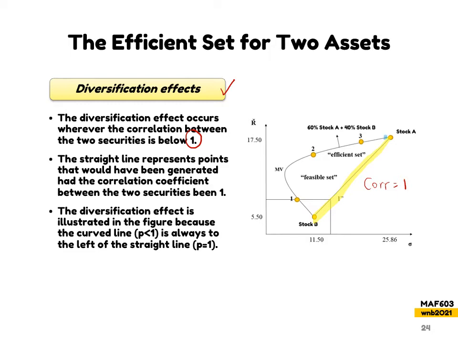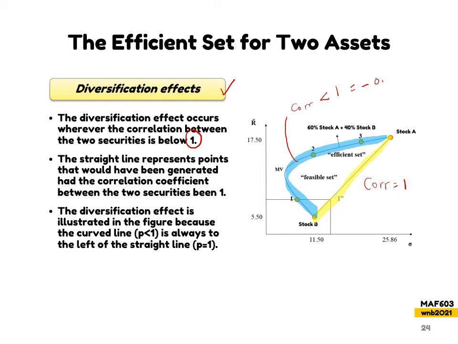Here, between stock A and stock B, we do not have a straight line, but we have a curve. The blue curve is because the correlation between stock A and stock B is less than 1. Before this, we calculated the correlation between stock A and stock B and got something like negative 0 point something. I cannot remember that. You can revisit our exercise before this.